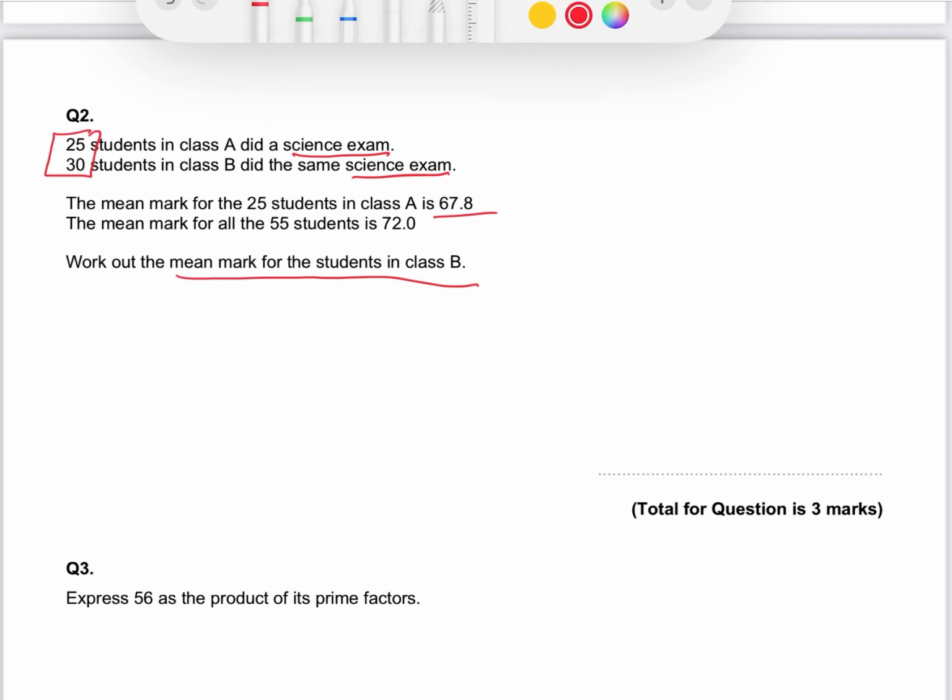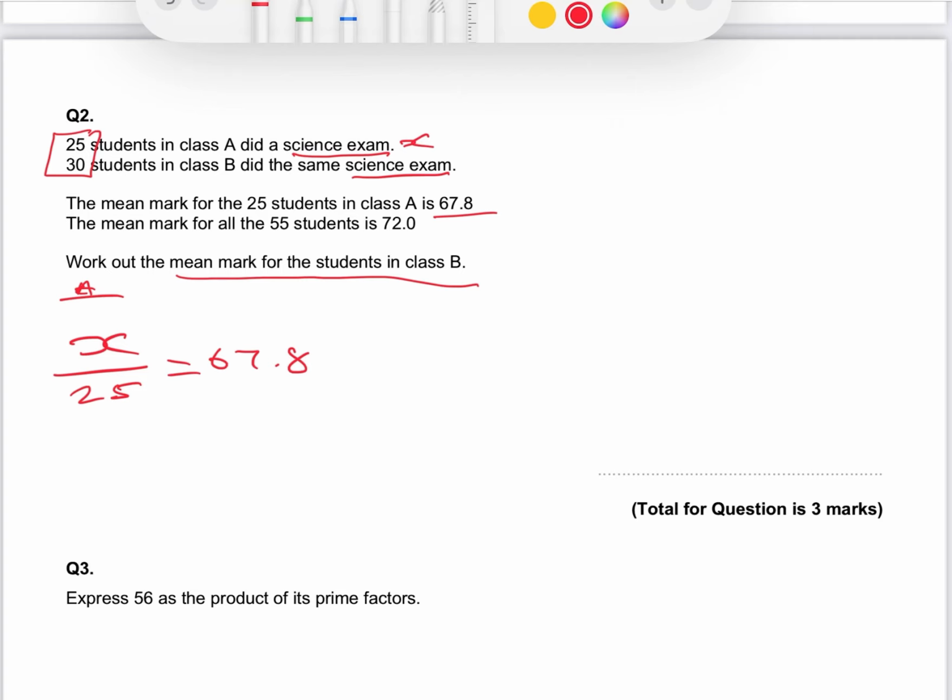Okay, so let's split this into two things. So first, I want to work out what all the science class in Class A add up to. So I know, I'm going to call it X. So I know that they added up all the grades in Class A. They divided it by 25, and the answer was 67.8.